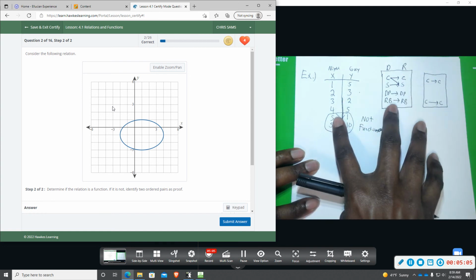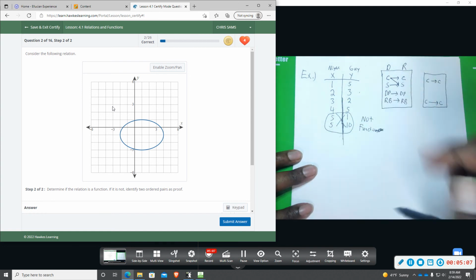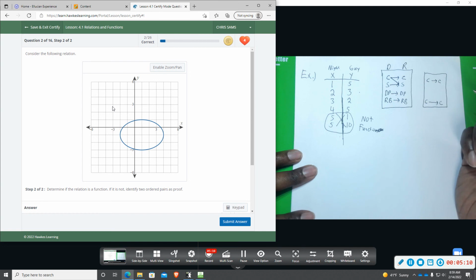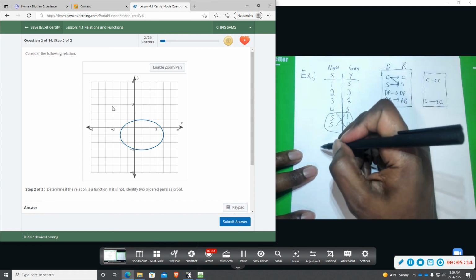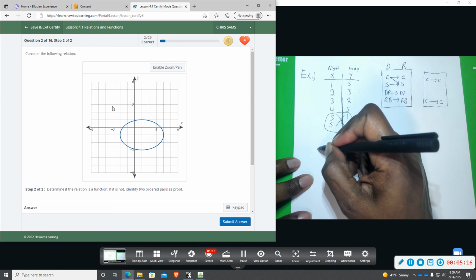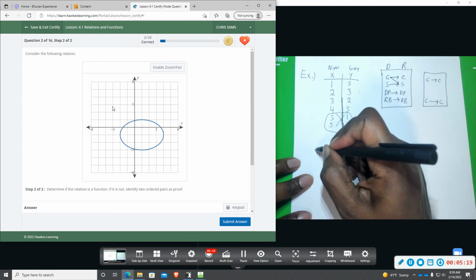So those are two visual examples of functions. It also agrees with the vertical line test. If I was to list these ordered pairs, just for this one, for example, I would have 1, 5.